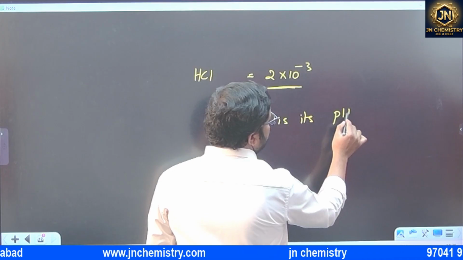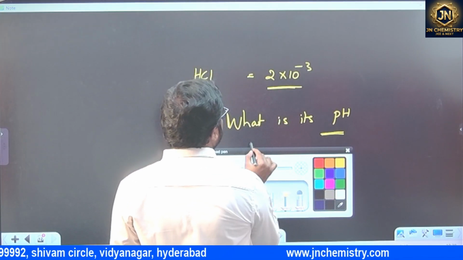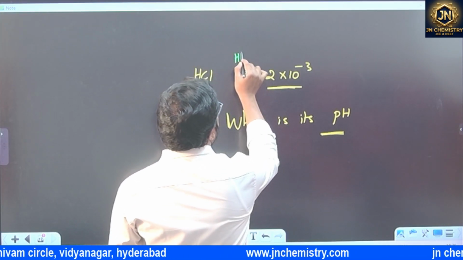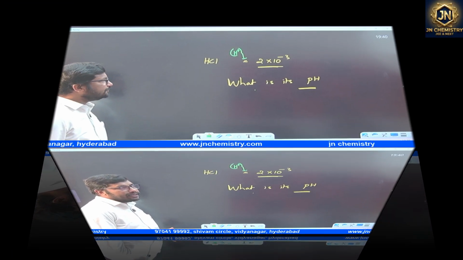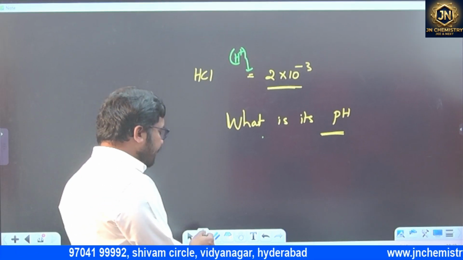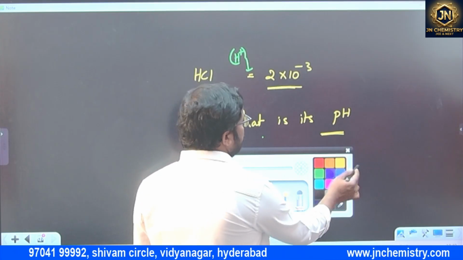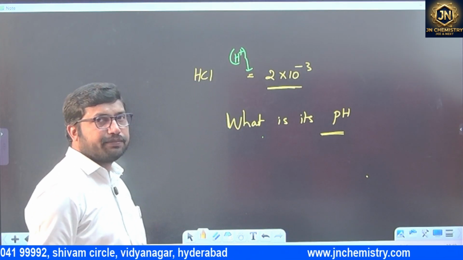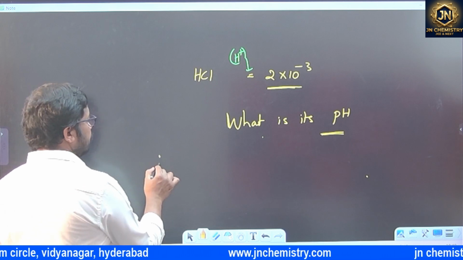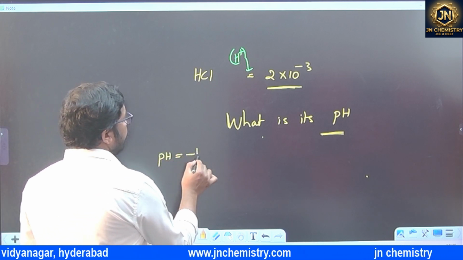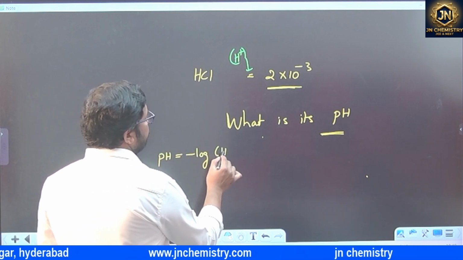Let me show you how to solve this in a logical way. It's an easy one. I'll explain two ways. A lot of people know only one method, that is pH is equal to minus log H plus ion concentration.